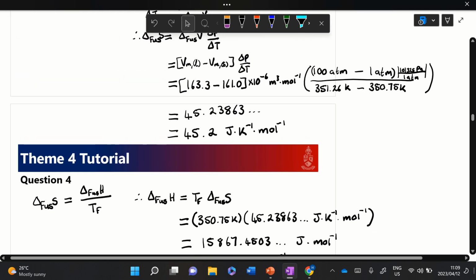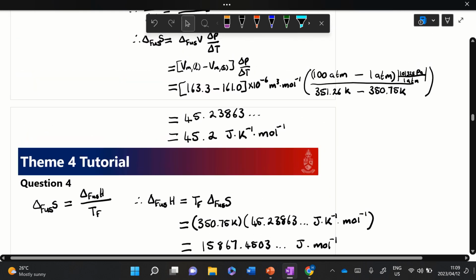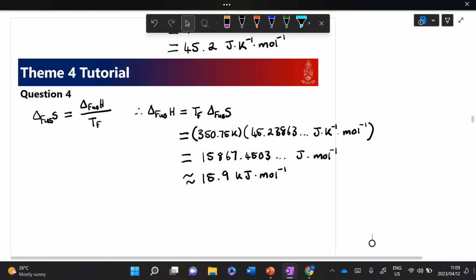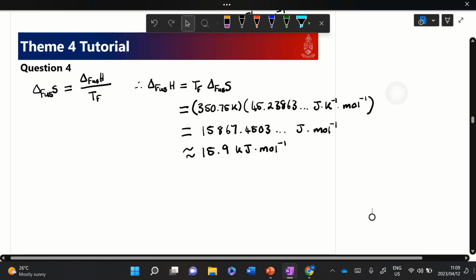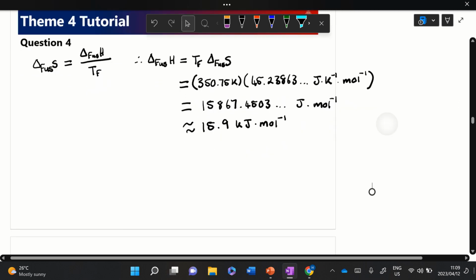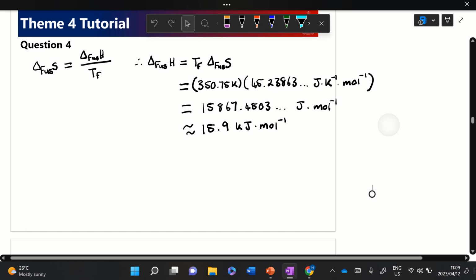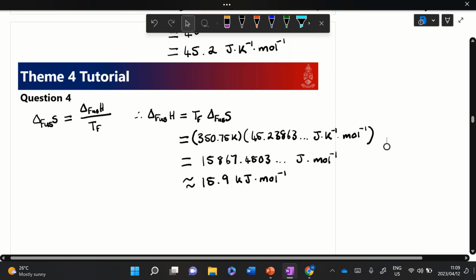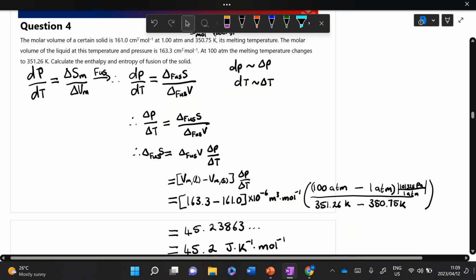It might be because the crystal structure is less ordered than the liquid structure. And the enthalpy is of course positive, so it's an endothermic process. That's all you can really get from this.